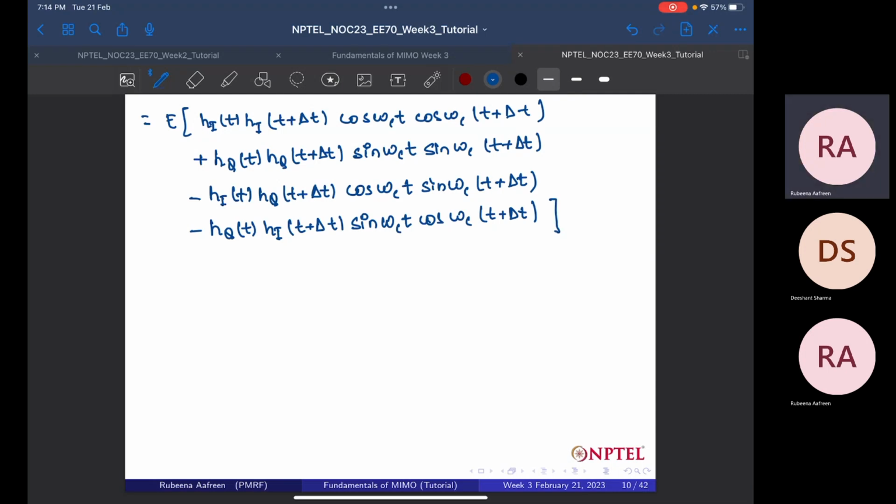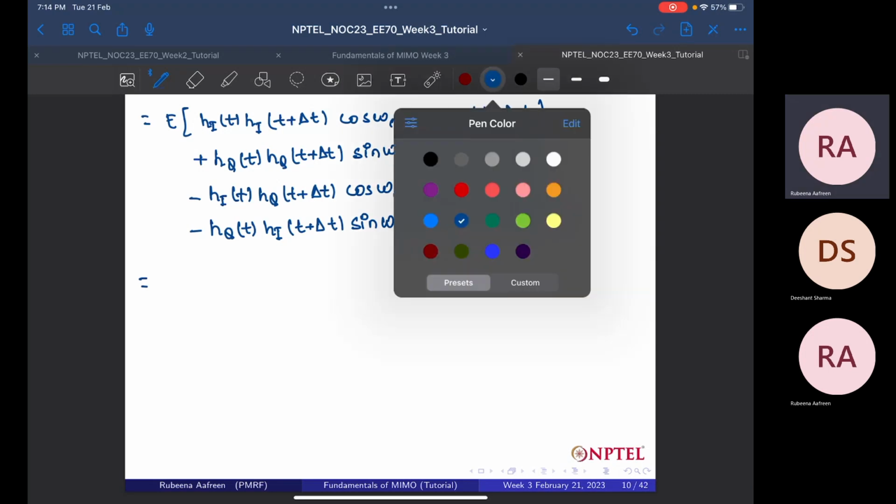Now we know the basic trigonometry formula. 2 cos a cos b is cos (a plus b) plus cos (a minus b). 2 sin a sin b is cos (a minus b) minus cos (a plus b). So we will use the trigonometric formulas here. And change the pen color.